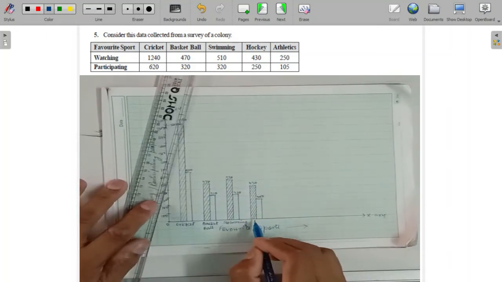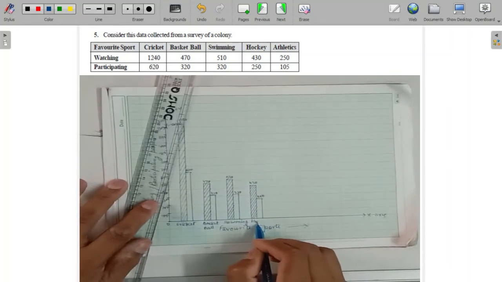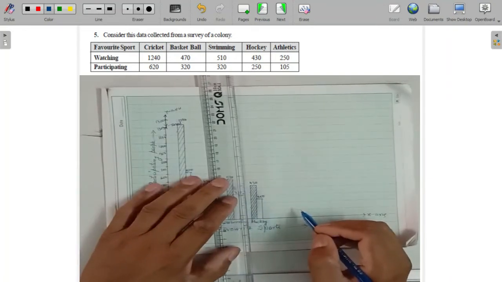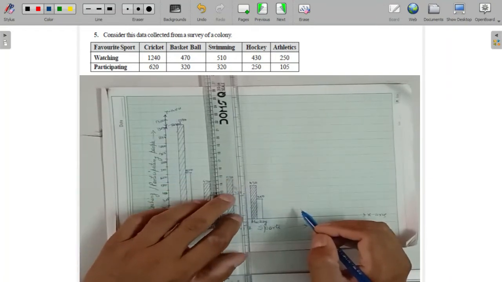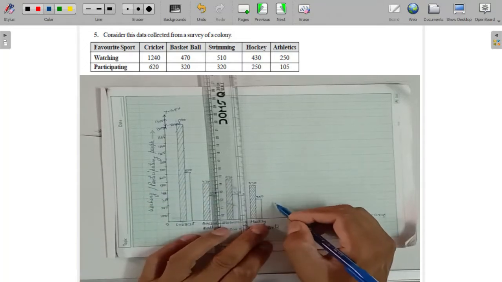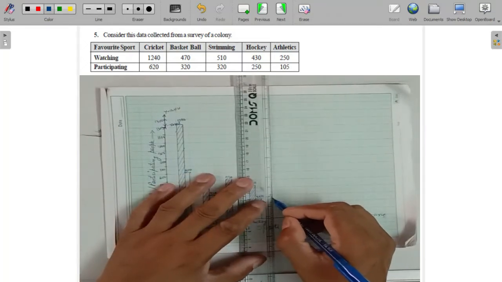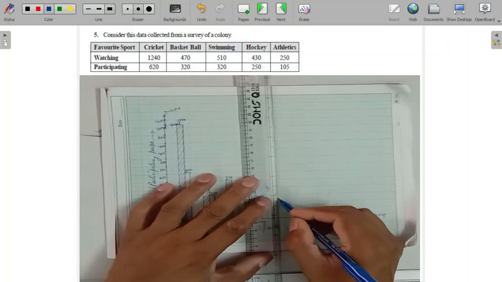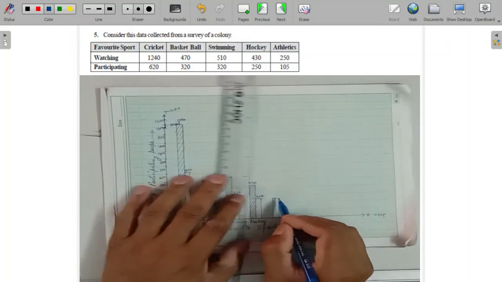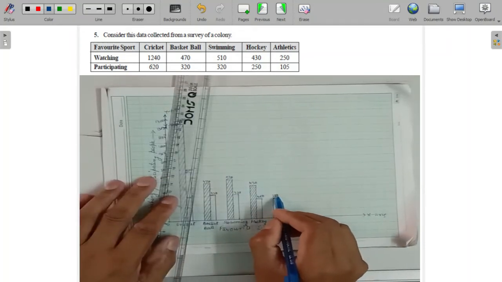And then below write down hockey. Then leave one box. Then for athletics, the number of people watching is 250. So after 200, you have to take the fifth line and join like this. And here write down 250.